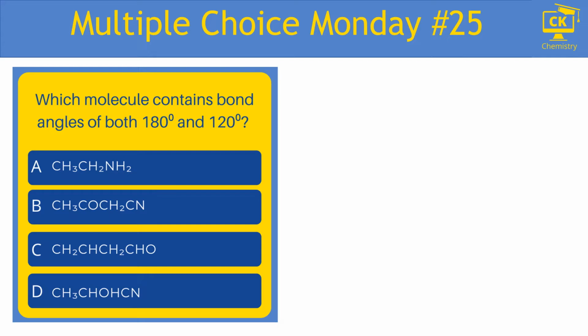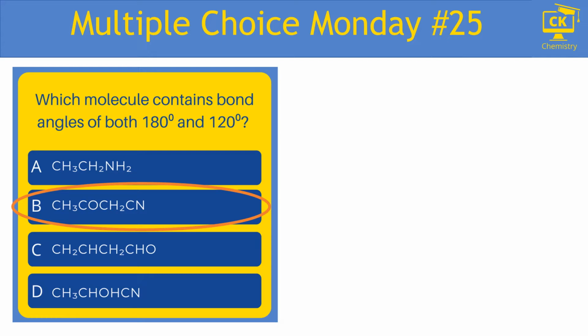And so it can help, rather than sitting and trying to work out everything individually to get our answer, which was B, to think about the possible combinations that we can get with organic molecules and therefore think about some shortcuts to identifying bond angles.